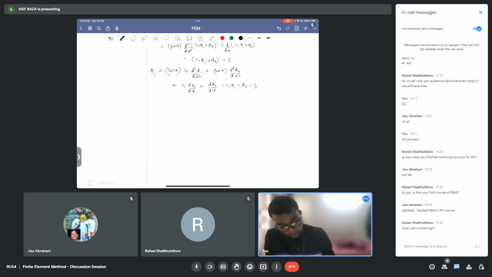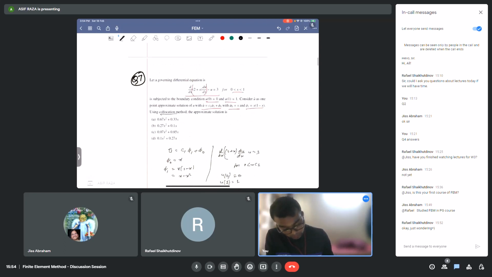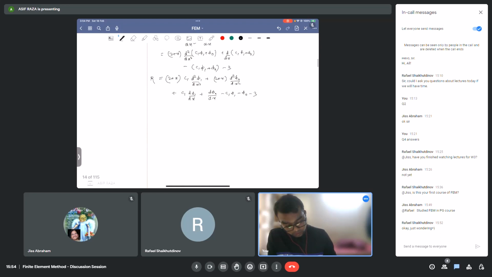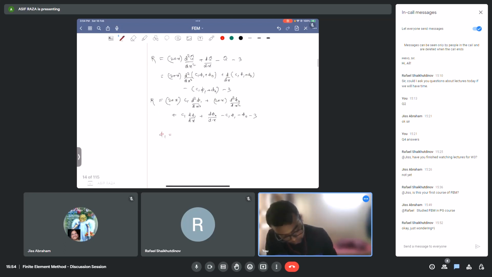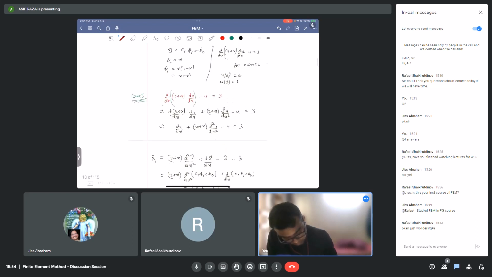So what do we do in the collocation method? We have to solve this using the collocation method and find the approximate solution. Before that, let's substitute the derivatives. First, φ1 is x minus x square and φ0 is x.